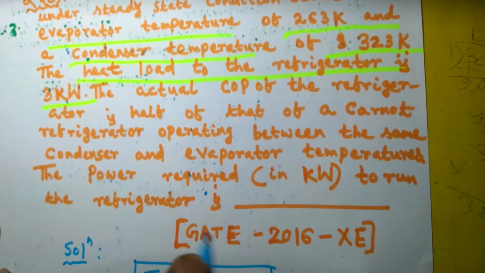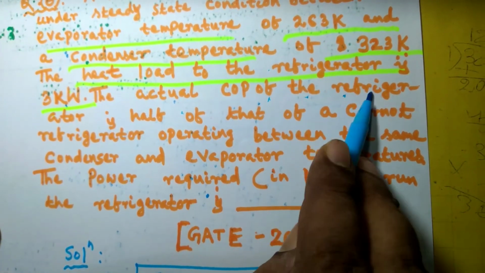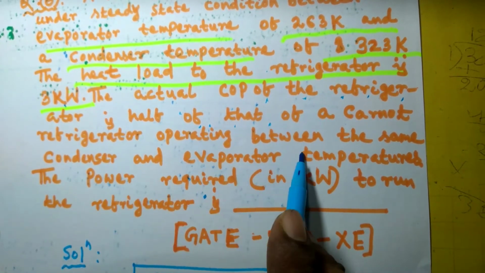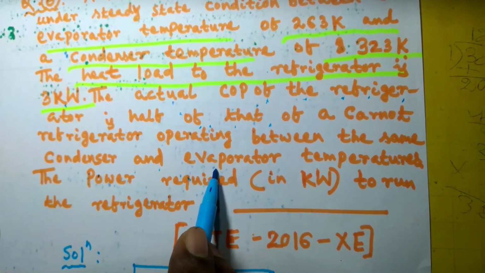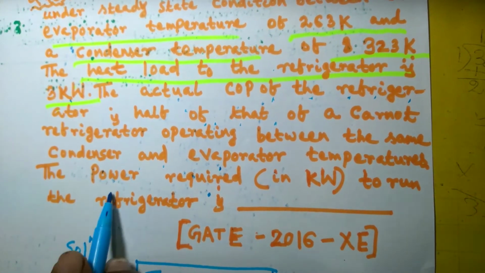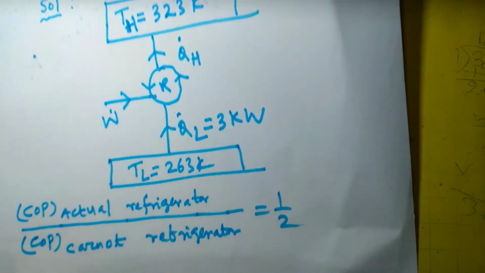The actual COP of the refrigerator is half of that of the Carnot refrigerator operating between the same condenser and evaporator temperatures. We are to find the power required in kilowatt, W dot.